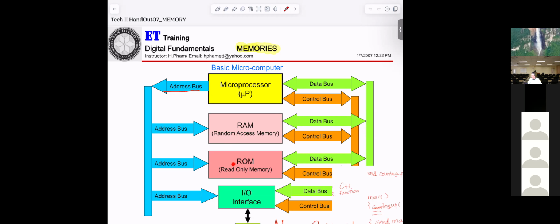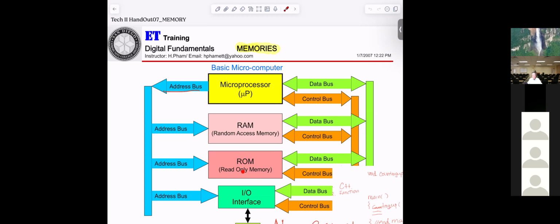Next one, ROM. In the past, they called it read only memory. That means the data coming out of the ROM will help the computer to run.